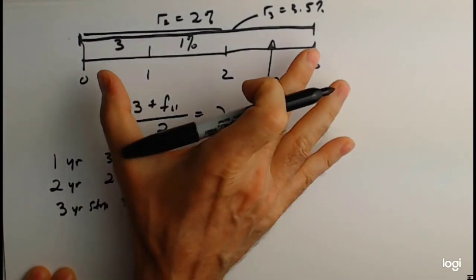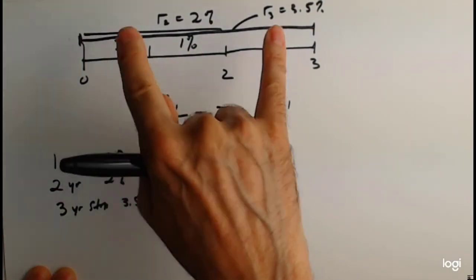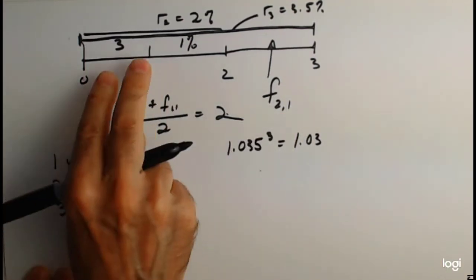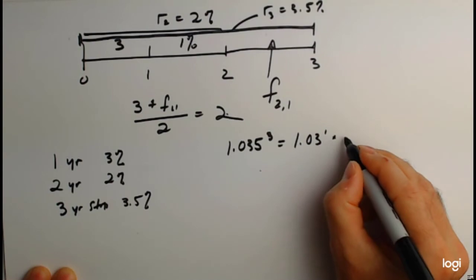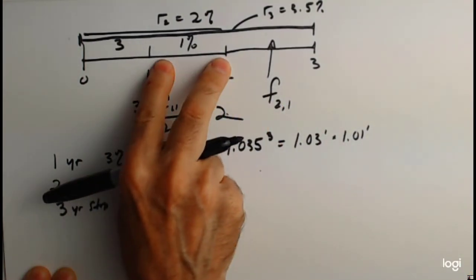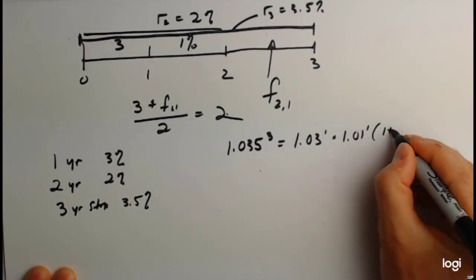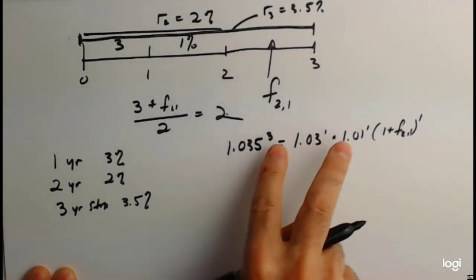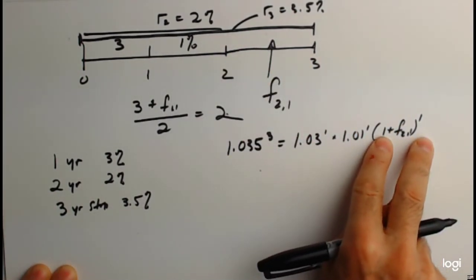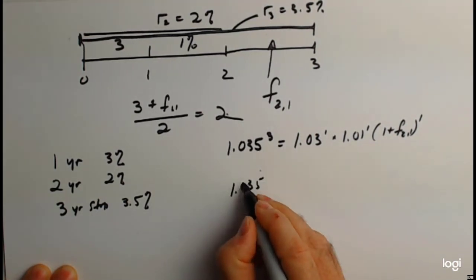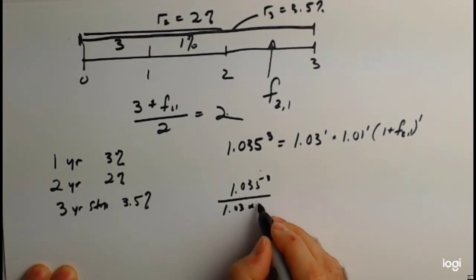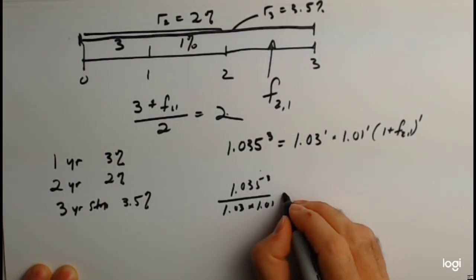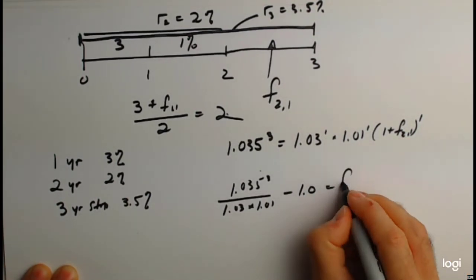You're indifferent between locking your money up for 3 years at 3.5% per year, versus investing at 3% for 1 year, then 1% for 1 year, then 1 plus F21 for 1 year, this missing interest rate. So that's one equation, one unknown. Solve for it: 1.035 to the 3 divided by 1.03 times 1.01. Just divide both sides by this term and subtract 1, and you get this F21.